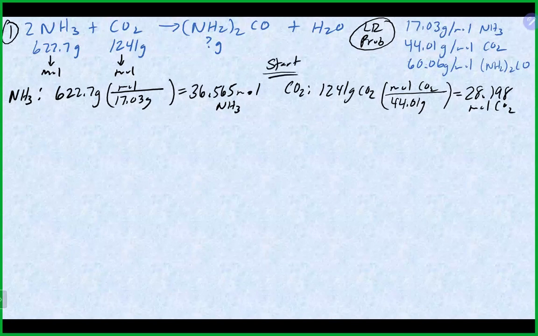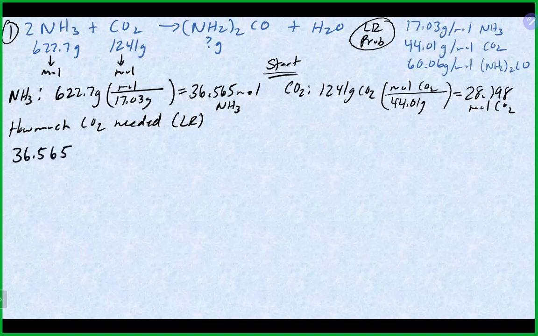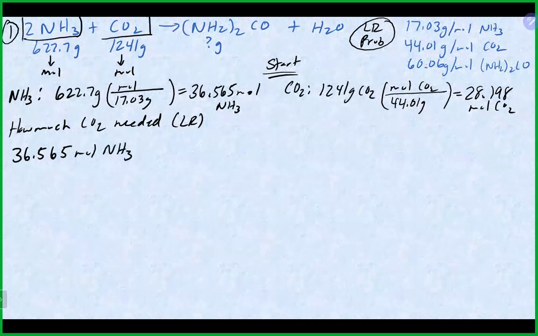So again here, I'm just going to pick whichever reagent I want, and I'm going to figure out how much of the other one I need to use it up. So in this case, I will go with how much CO2 is needed. So this is really my limiting reagent sort of calculation to figure that out. And if I do that, I'm going to take the moles of my NH3, and I'm going to do the mole-to-mole relationship between NH3 and the other reactant.